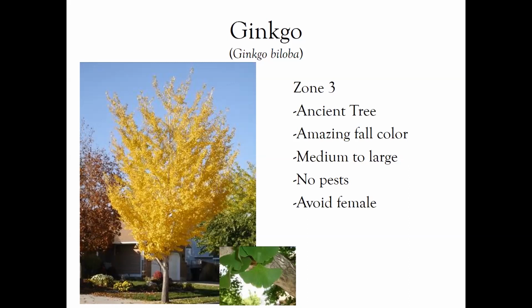The species is divided into male trees and female trees. It's called dioecious. Typically the cultivars that you'll find in the marketplace, like Princeton Century Ginkgo, for example, are male selections to avoid the fruit on the females, and the fruit basically smells like vomit.